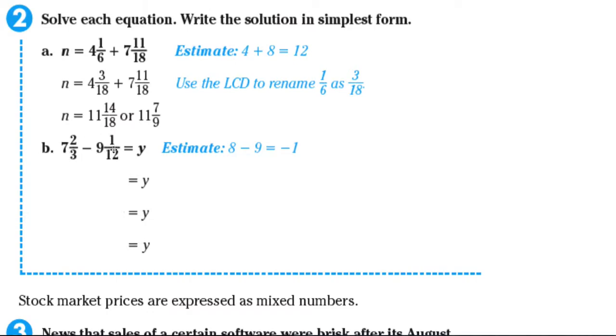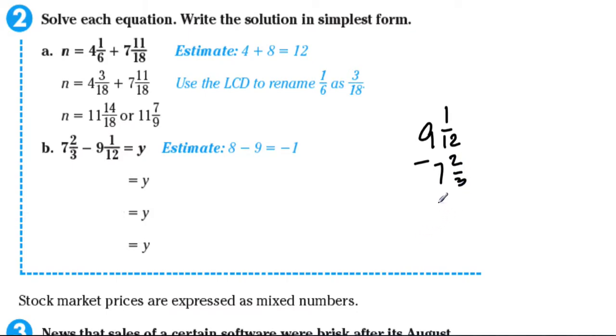But before we subtract, we need to find out which is the greater number if we disregard the signs of both numbers. So if we disregard the signs of both numbers, we know that 9 and 1/12 is greater than 7 and 2/3. So in that case, we need to put 9 and 1/12 on top, and we need to subtract 7 and 2/3.